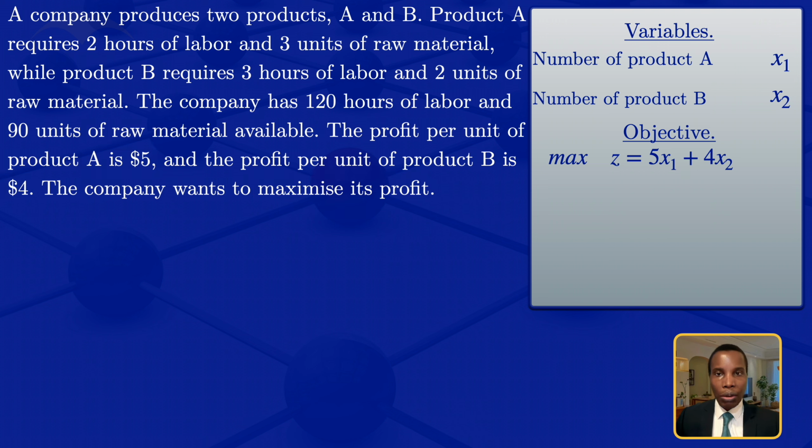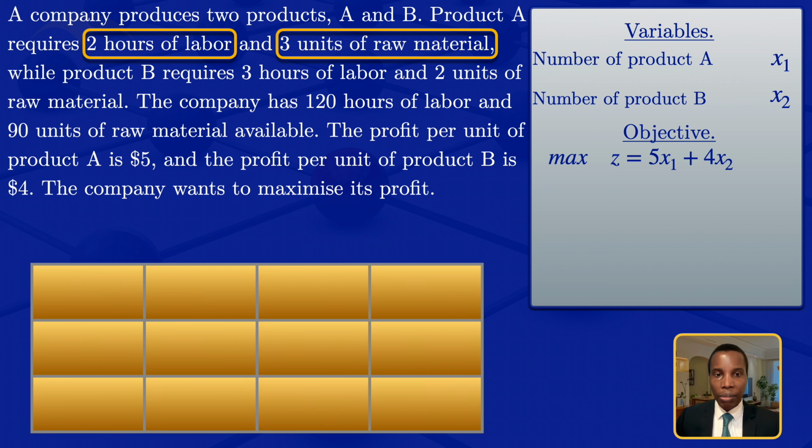After looking at our objective function, we go on and look at the following. Product A requires 2 hours of labor and 3 units of raw material. I find it convenient to put this information in a table before I go on and write the constraints. So I will have a table with product A, then product B, and the labor and the raw material that is required.